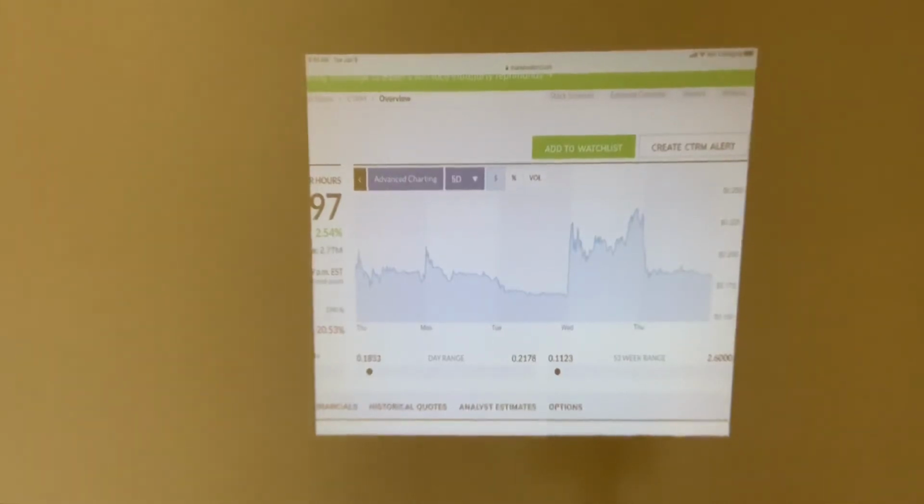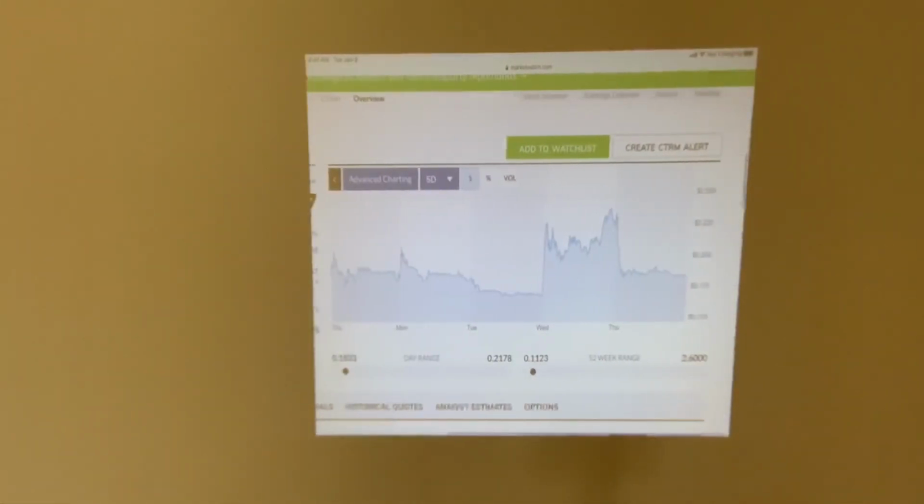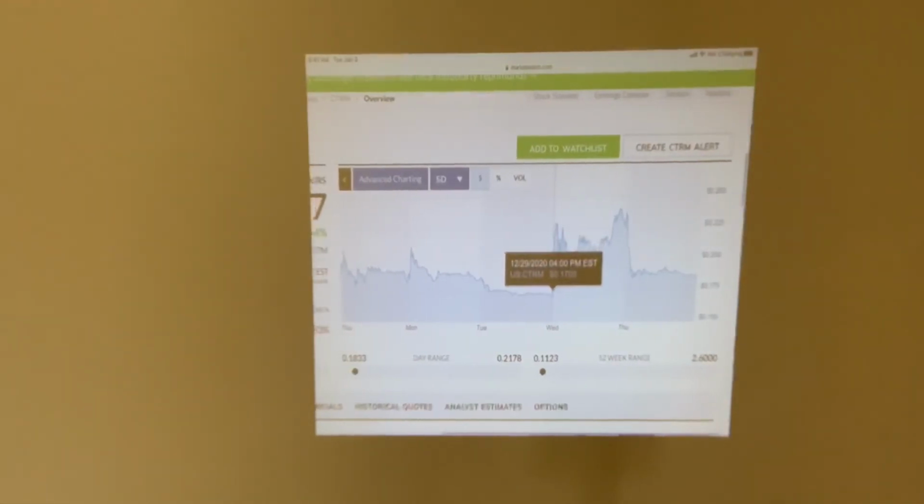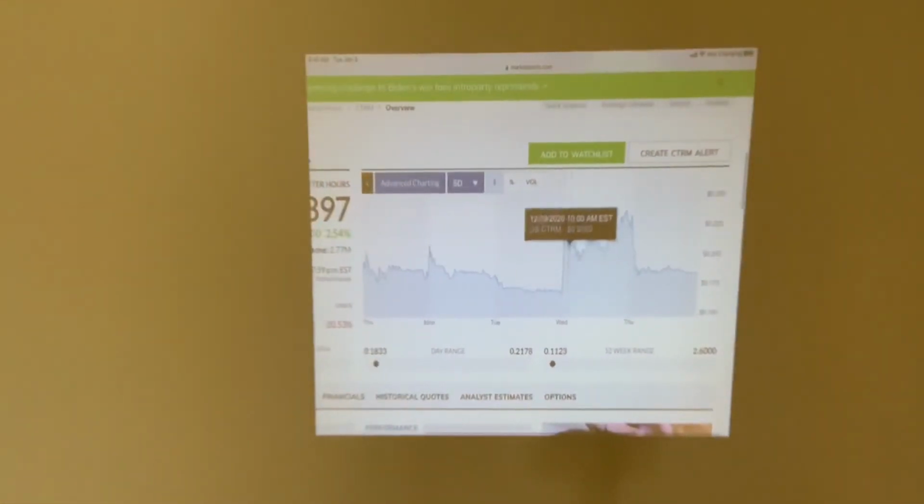You see that the trend right here, it moved from 17 cents to how much? To 22 cents. So it went up 5 cents. And here it moved, that's all within 5 days, to 23 cents. So the highest is 23 cents. You just see the trend of the stock.